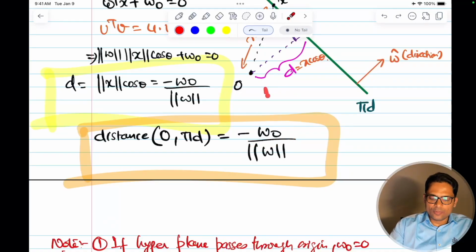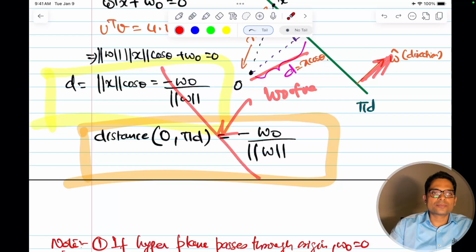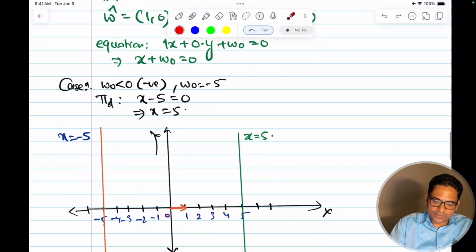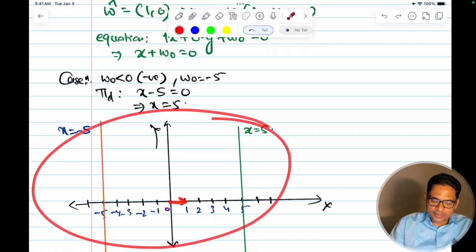And if w naught is positive, then my plane will be in the opposite direction of the unit vector.